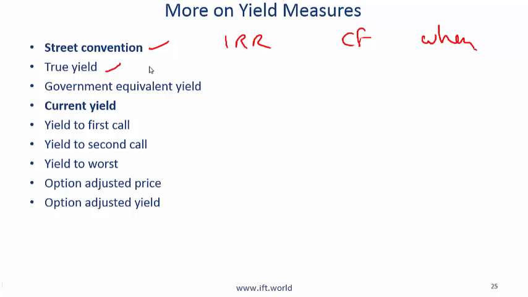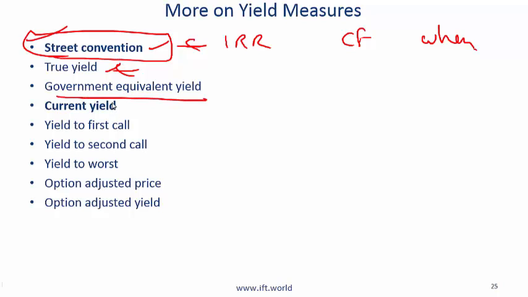In other words, if a payment is supposed to be made on a Sunday, the street convention will assume that it's made on a Sunday, but the true yield will assume that it's made on the Monday, which is when the payment is truly made. But the convention is to use the street convention. That's what's normally used. The difference between street and true yield is very, very minor. So street convention is what we generally go with.